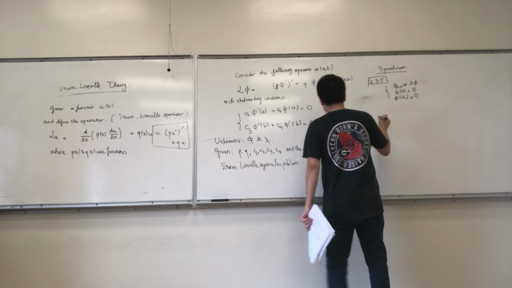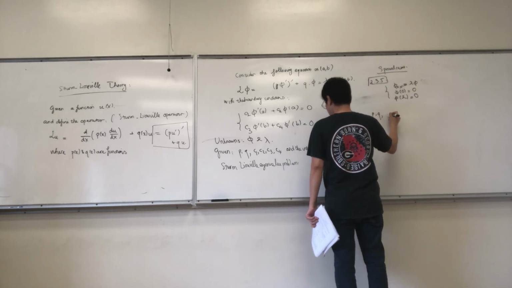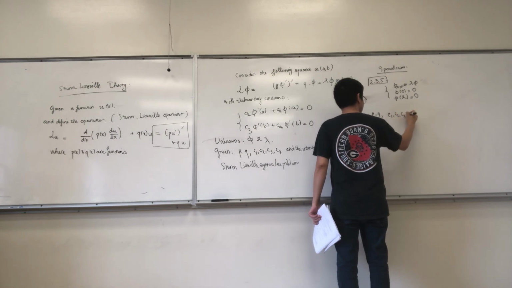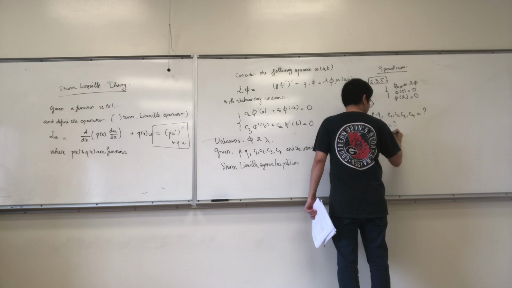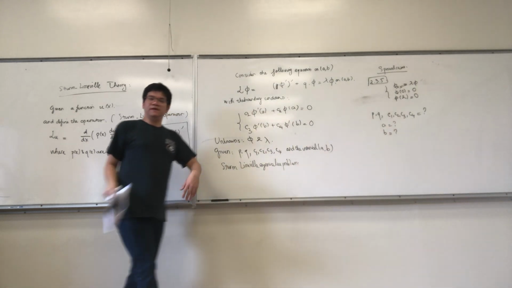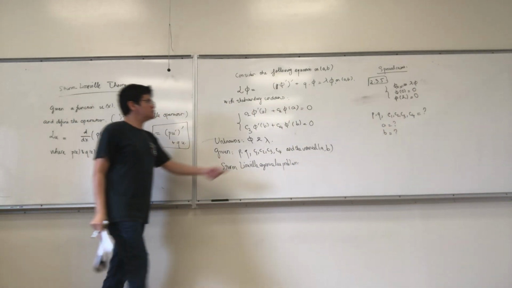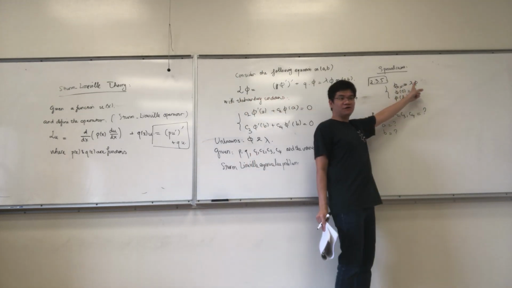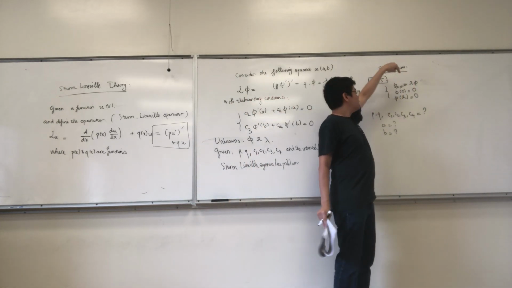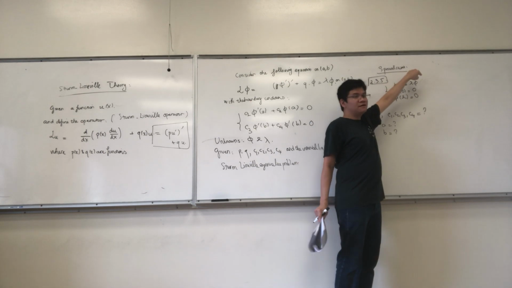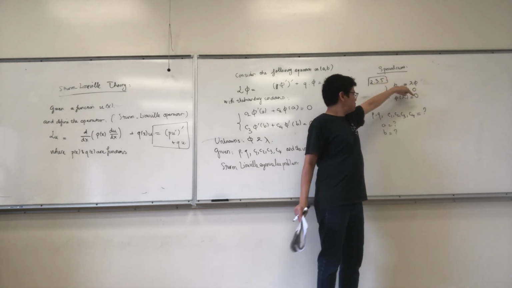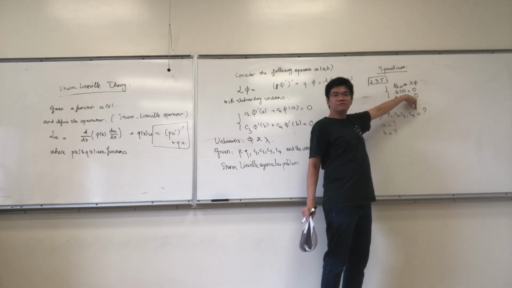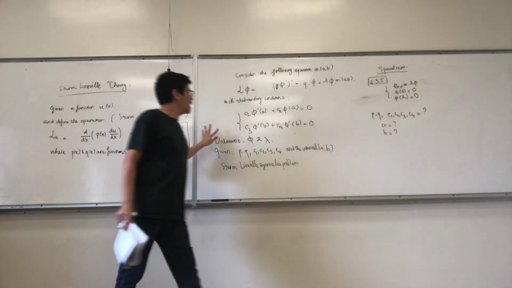So in this case, what are P, Q, C1, C2, C3, C4? P is 1. In one of the previous examples, we considered this eigenvalue problem. The second derivative of phi is lambda phi, phi(0) is 0, phi(2) is 0. And then P, Q, C1, C2, C3, C4 can be deduced from this general form.